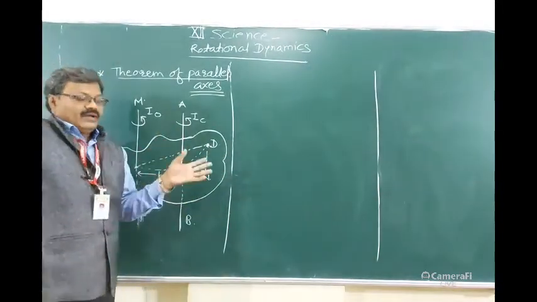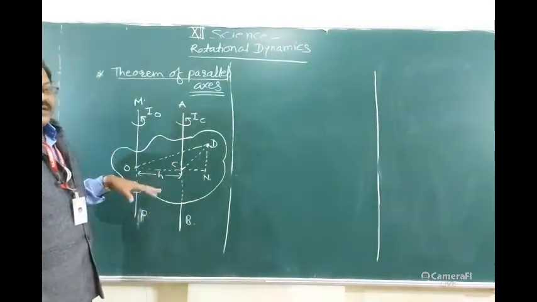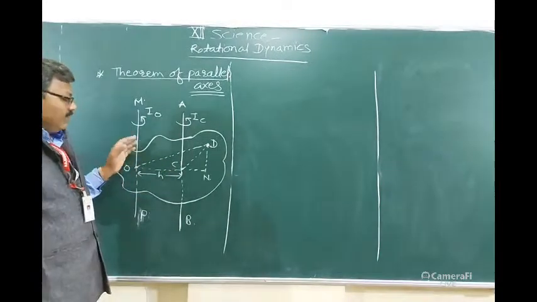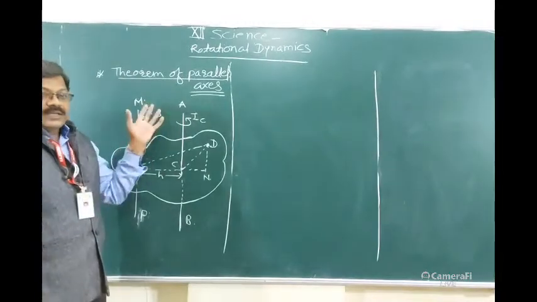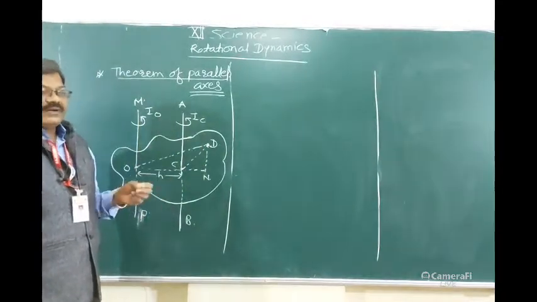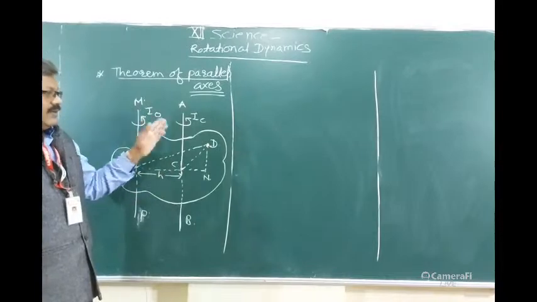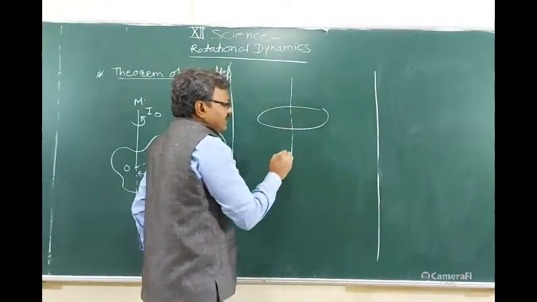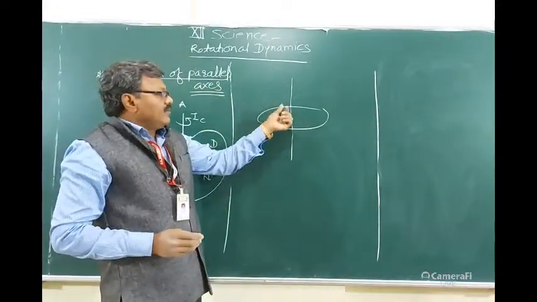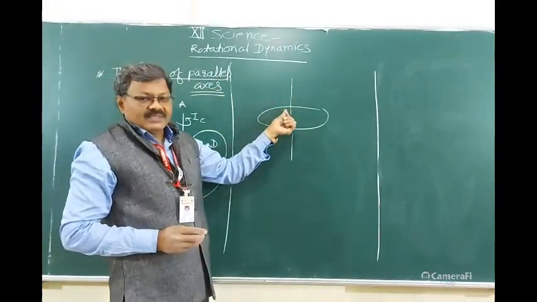formula by which we can find the moment of inertia about any axis of the object. When we are finding the moment of inertia of any object about an axis, sometimes we use different methods. Suppose this is the body and this is the axis passing through its center. Now this is the moment of inertia about this axis.